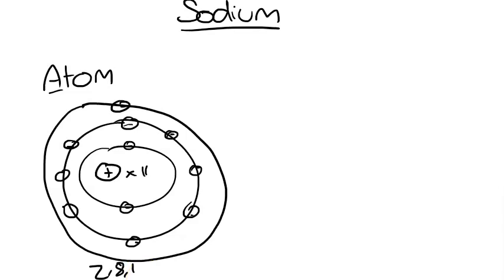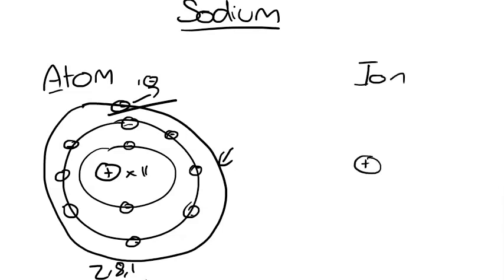This is slightly different to oxygen because this could either gain 7 electrons to fill up this shell, or it could lose 1 electron to then have that second shell as its full outer shell. In this case, it requires fewer electrons to be lost or gained if we lose that electron. So we're going to choose this option where we've got the ion.